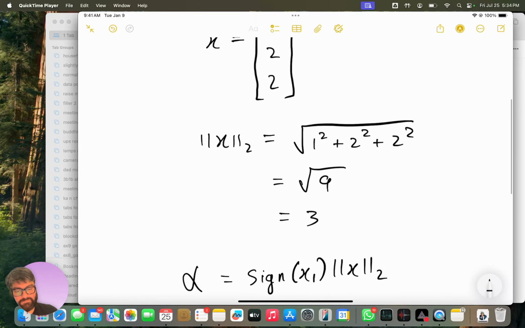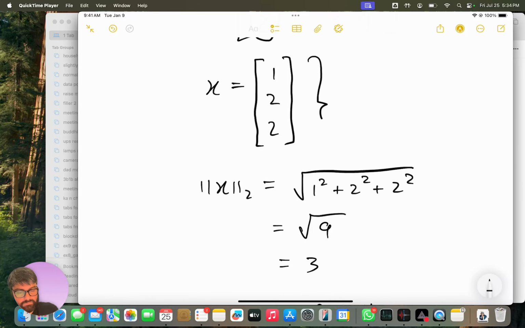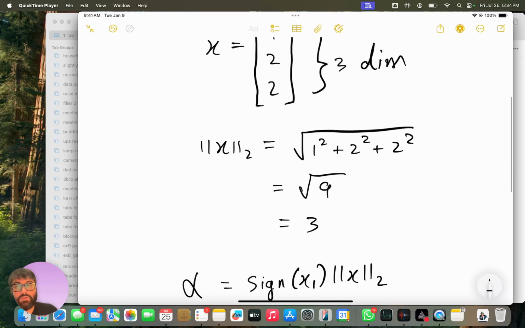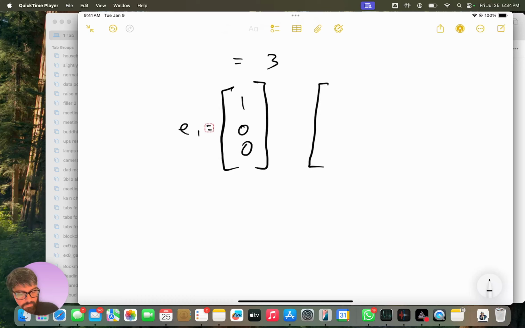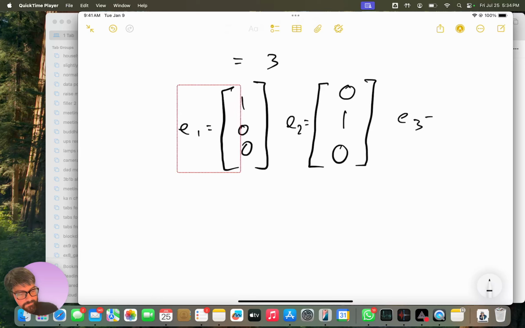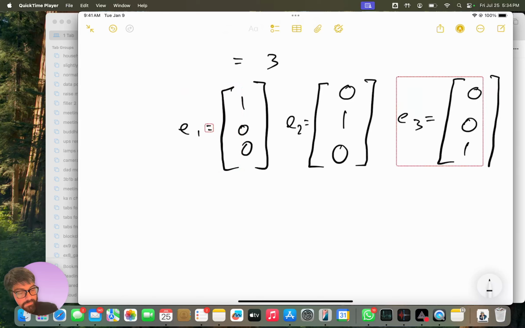So since we have 3 dimensions here, we can do 1, 0, 0. That's E1. Then we can do 0, 1, 0. That's E2. And E3, 0, 0, 1. So we have to pick a direction, and that's where this comes in.